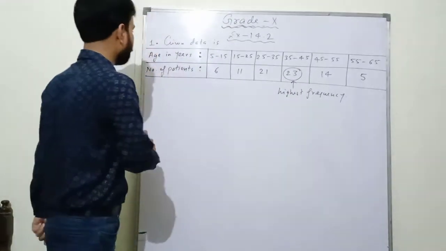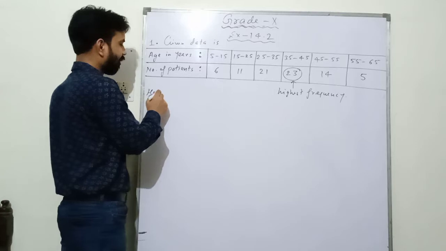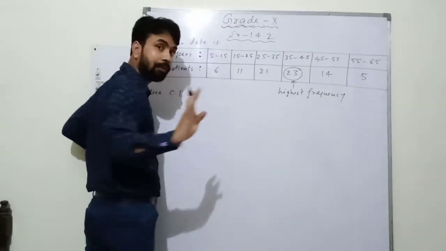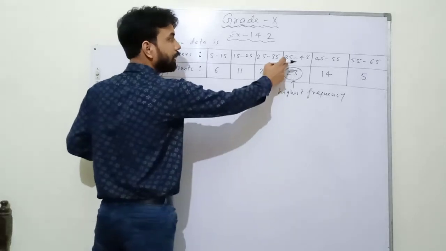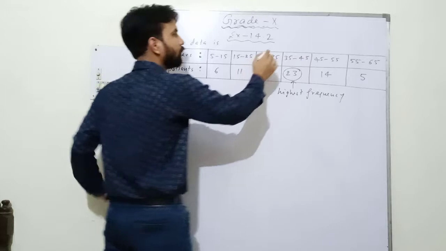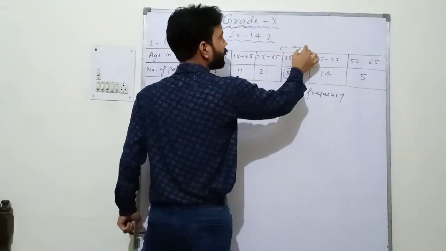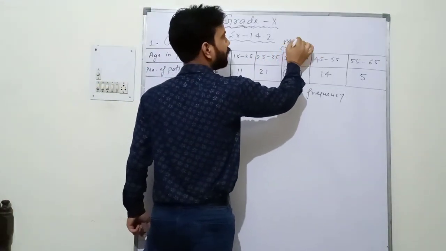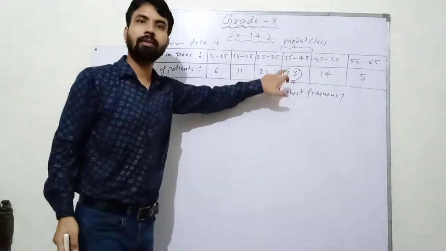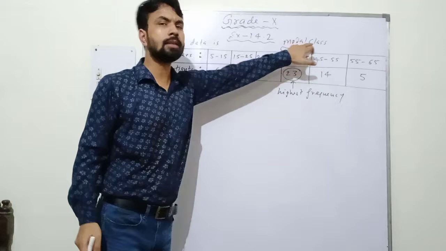So we have to write here the class interval. Which class interval is having the highest frequency? 23. Which class interval has that frequency? 35 to 45. So this class interval is known as the modal class. This class interval is having the highest frequency, so it is known as the modal class.